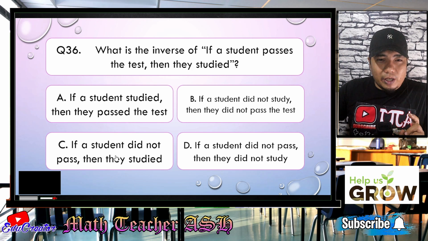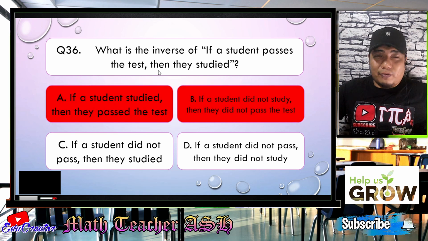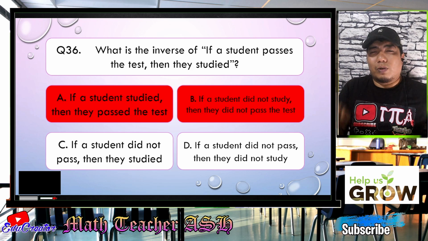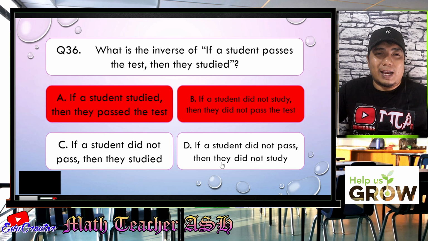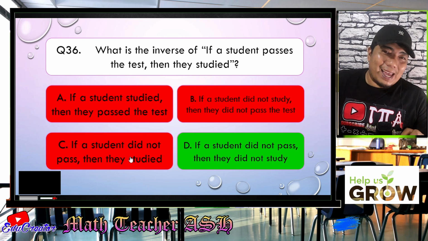So here, did not pass, did not pass. So letter A and B are already wrong. Now, for the second statement, then they studied for B. In order to get the inverse of that, then they did not study. So the correct answer is letter D. All right. Easy, right? We are getting a hang of it, my dear math learners.